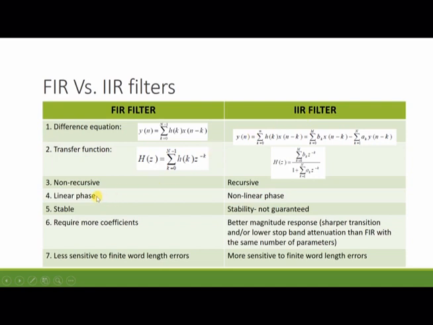Another advantage on the part of the FIR filter is that FIR filters have linear phase characteristics, whereas IIR filters don't have linear phase characteristics. Linear phase means the phase response versus frequency is linear, the phase varies linearly with respect to the frequency, which is the characteristic of the FIR filter.